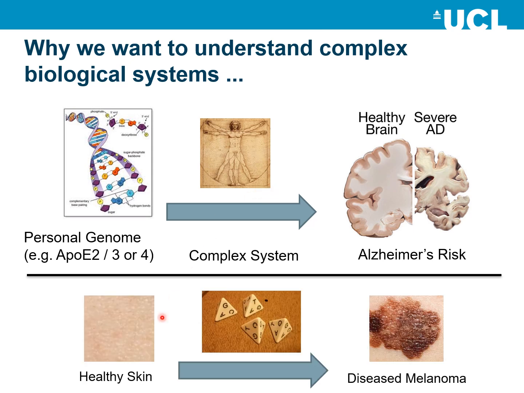Another example, well, this is healthy skin, and we all know that if you get sun exposure in particular, this can change the genetics of particular DNA in the skin cells, which can then lead to melanoma, skin cancer. How this happens, again, is a complex mechanism.